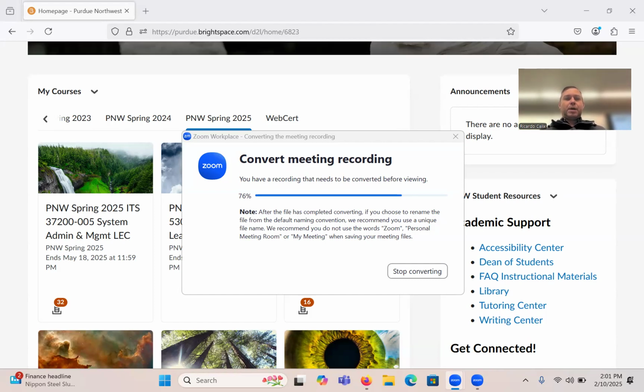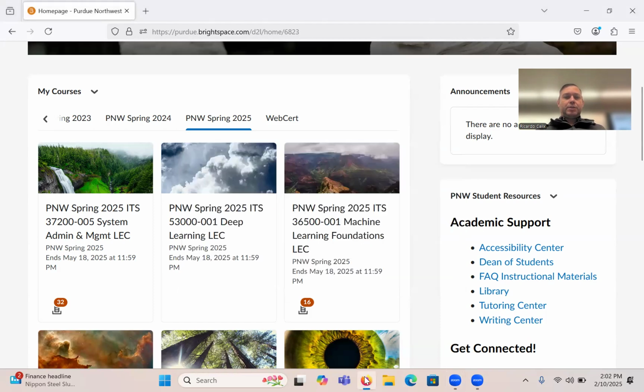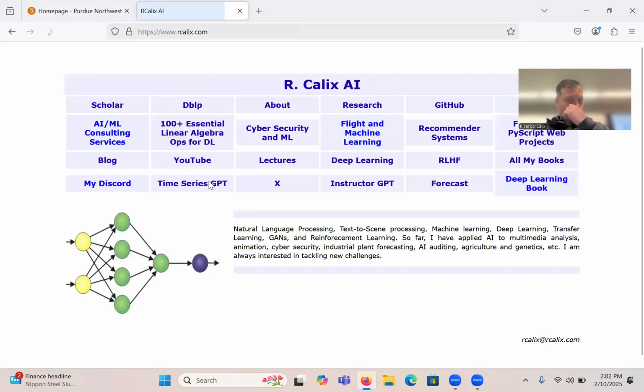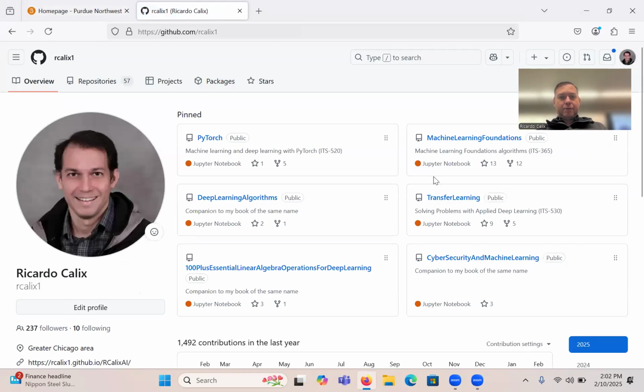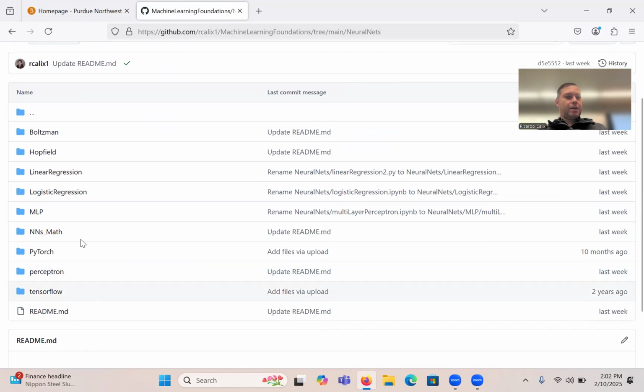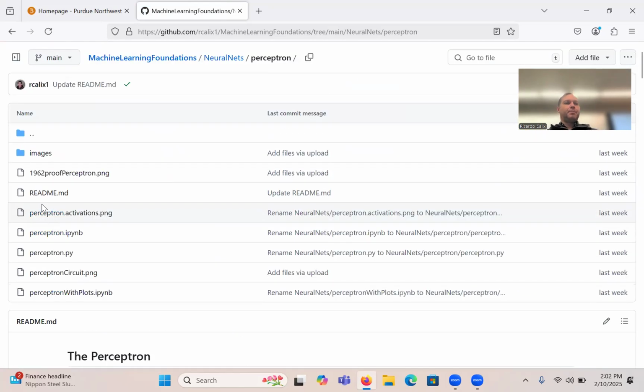So to kind of motivate it, let's go to the GitHub. Okay. Let's go to Machine Learning Foundations. Remember, it's in neural networks. And then the Perceptron, right?